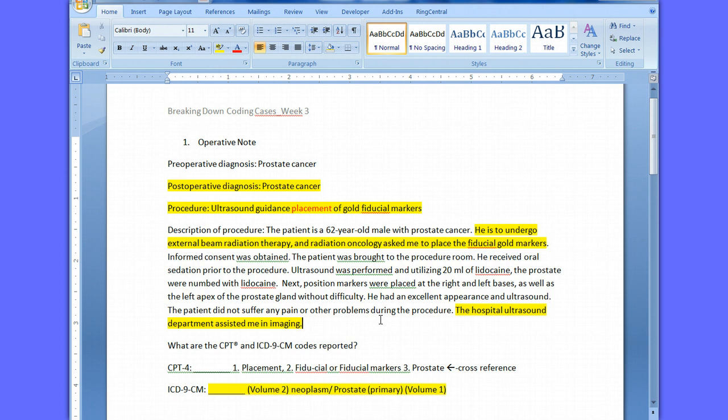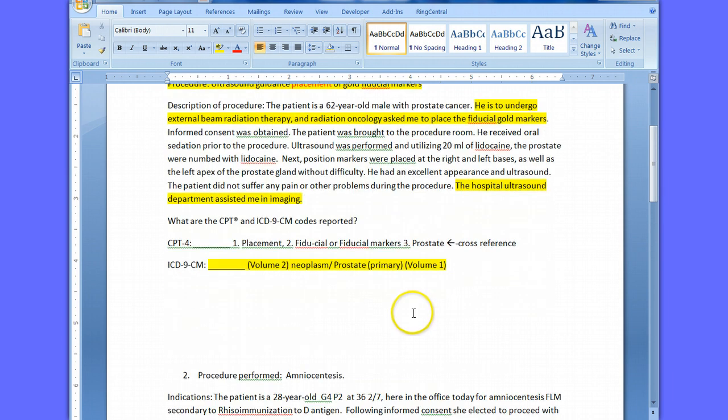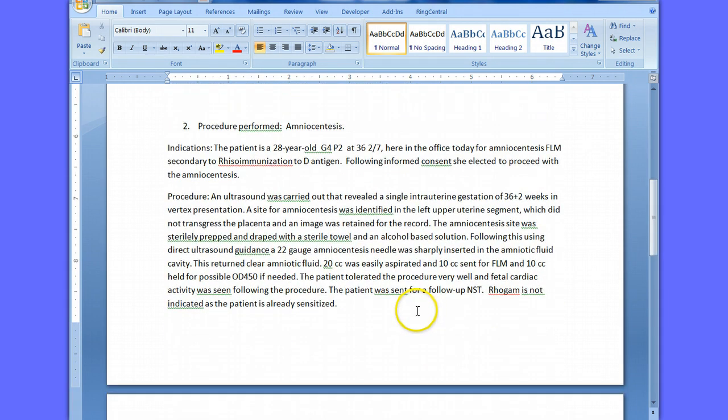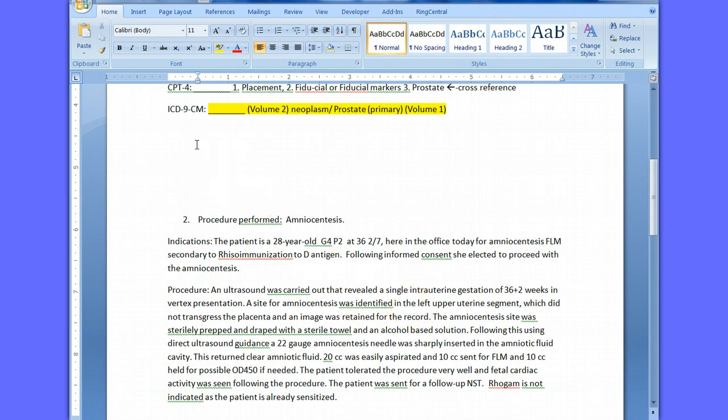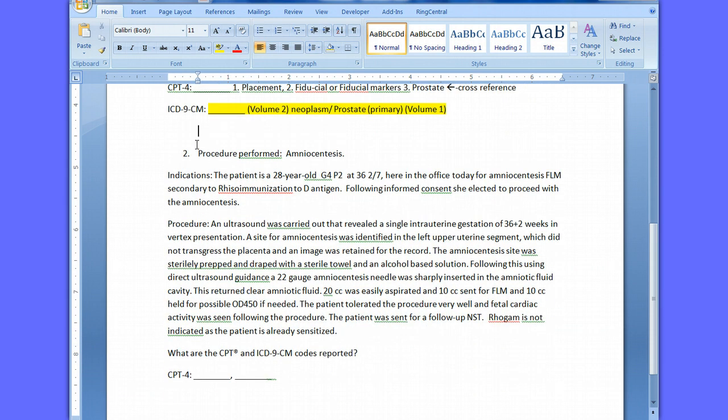So the next case we're going to cover is quite similar to that. And let me pull this up just a little bit. Similar but different. Okay, so this one is for a pregnancy or amniocentesis for a pregnant uterus. And here are the indications, which is another good place to locate valuable information.